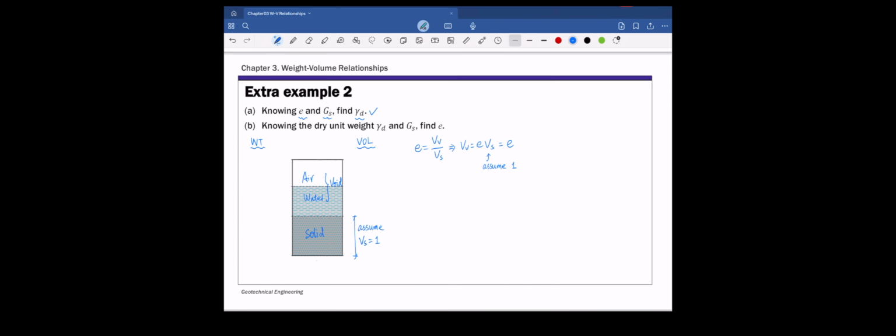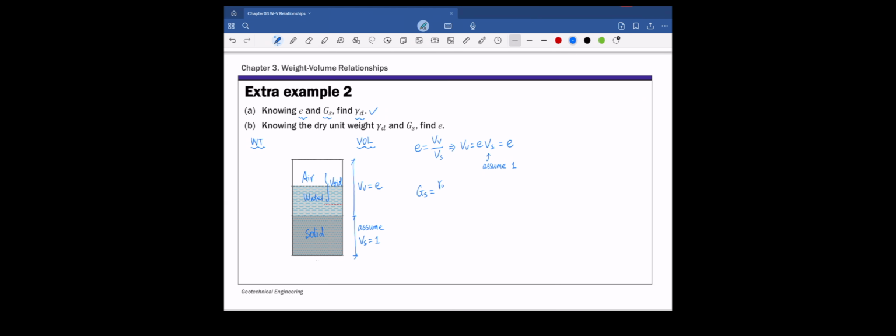So that's why whenever you see void ratio is given, it's more convenient to assume Vs equals 1. So let's put Vv equals e on the phase diagram. So we have basically the volume side completed.